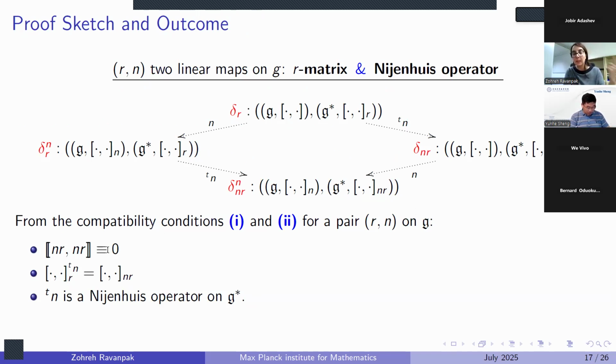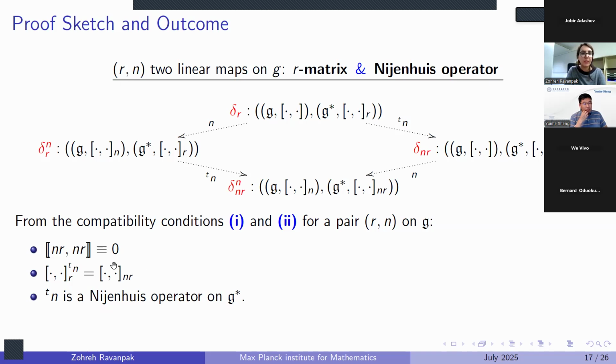This is the idea: producing new structures, iterated by Nijenhuis structures. All of these pairs define Lie bialgebras. Moreover, N transpose is a Nijenhuis structure. So in the covariant case, we do not need to impose this condition for N transpose; it follows directly from the compatibility condition.